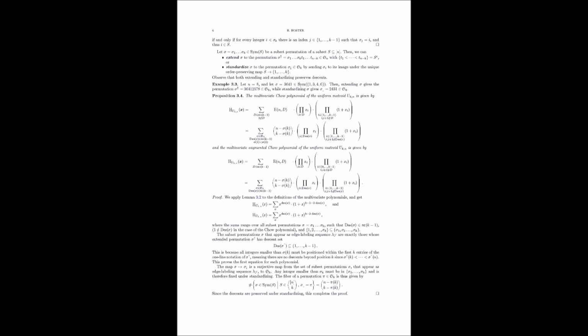For a loopless matroid M with ground set of size n and rank r, the degree sequence is given by 1 plus d_1, 1 plus d_2, up to 1 plus d_{r-2}, where d_i represents the number of flats of M of rank i. So it captures how the flats of the matroid are distributed across different ranks. That makes sense.